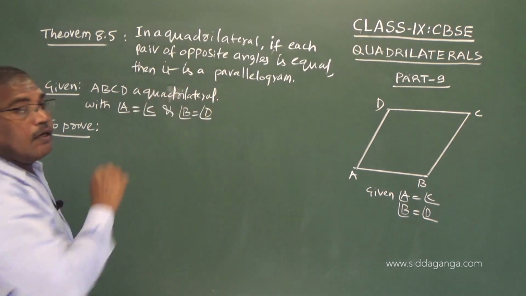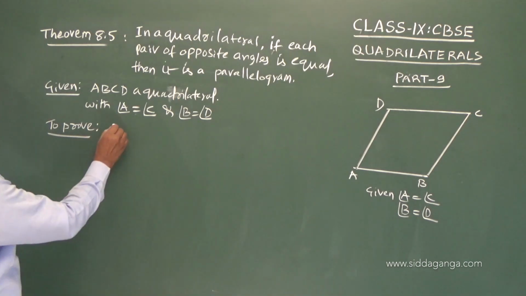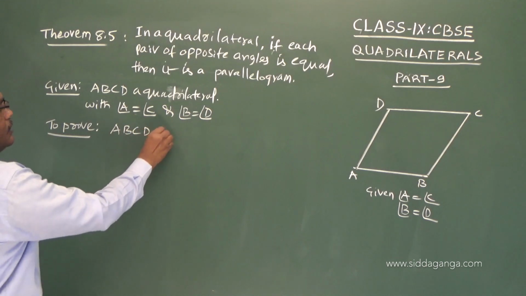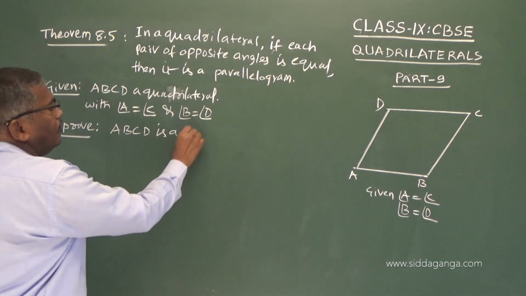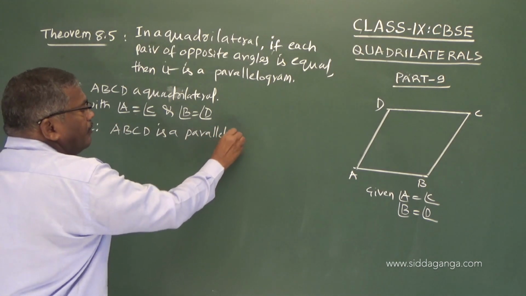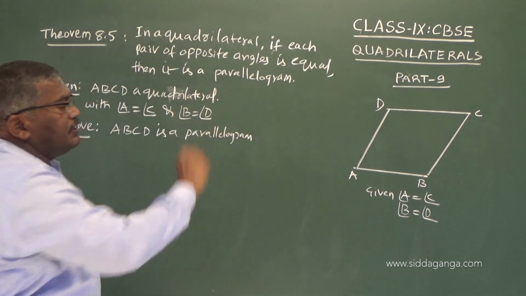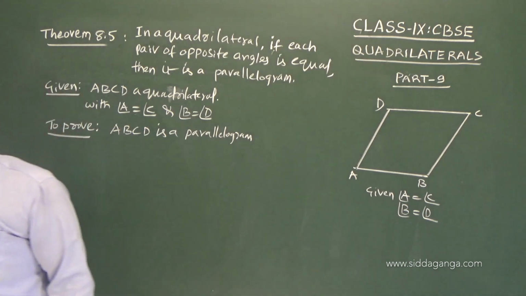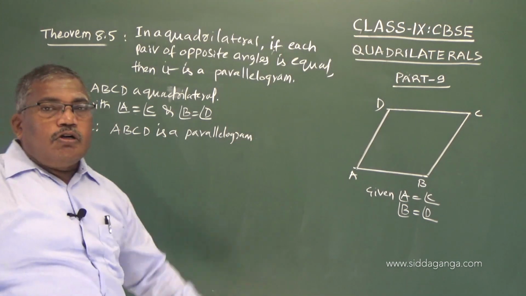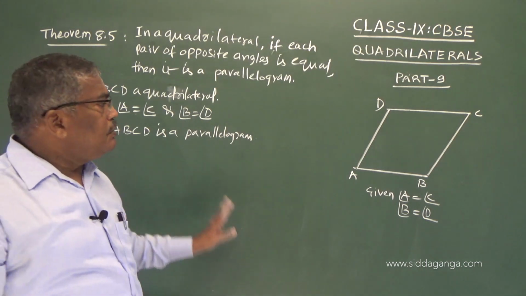It is a parallelogram that we have to prove. So ABCD is a parallelogram. To become a parallelogram, what are the most essential conditions?